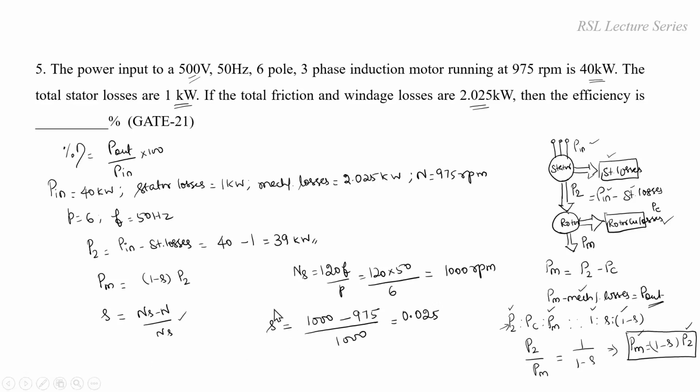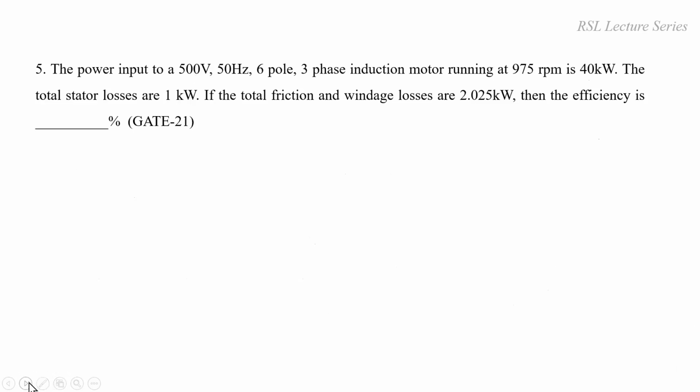Now we can substitute this S value and P2 value in the PM equation. PM is nothing but 1 minus S into P2. So 1 minus 0.025 multiplied by 39 kilowatts. On simplification, we will get 38.025 kilowatts.